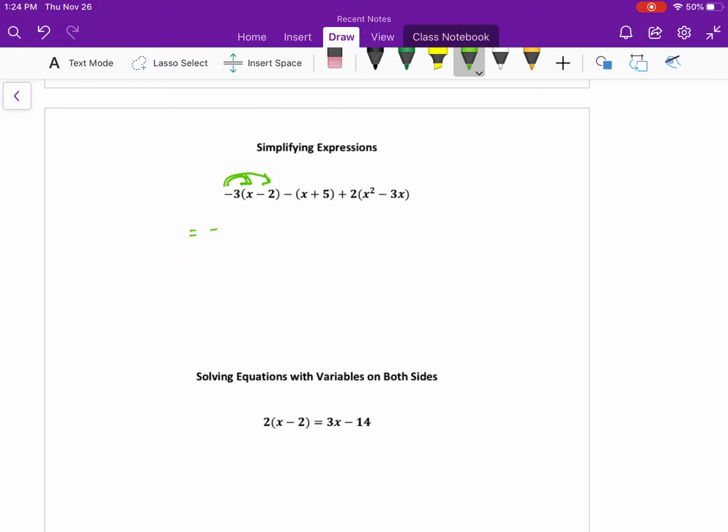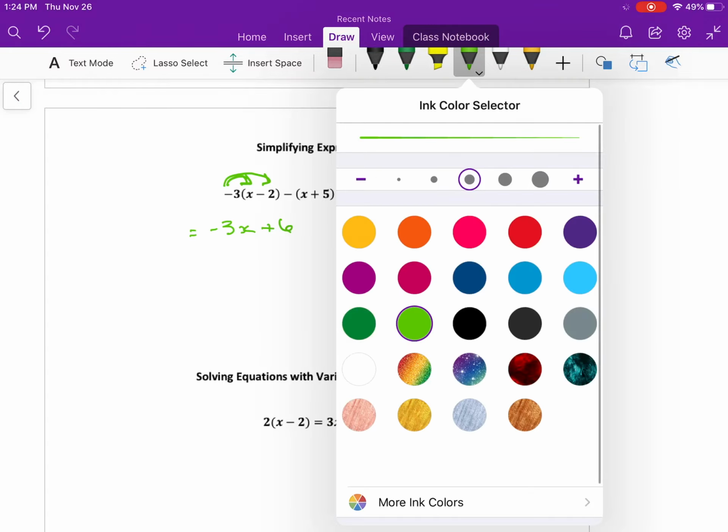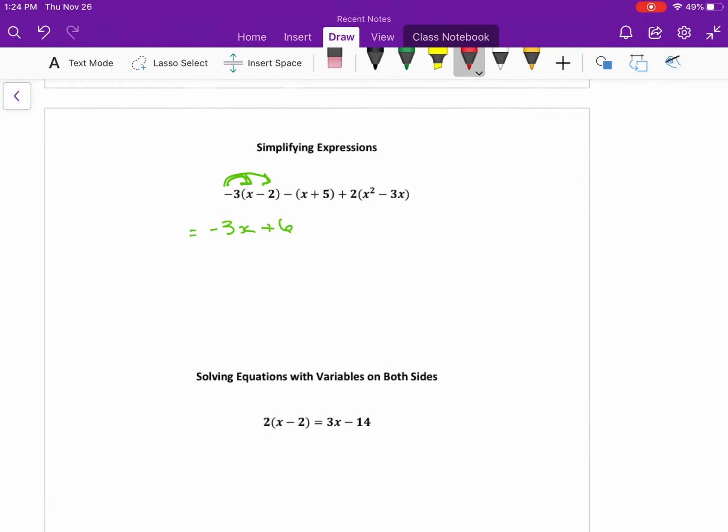So we'd actually have negative 3 times x, which is negative 3x. And negative 3 times negative 2 is plus 6. And then remember that if you just have a negative, like this one right here, it makes everything in the brackets the opposite. Or the other way of thinking of that is it's like a negative 1 that we're multiplying in. So we have negative x and negative 5.